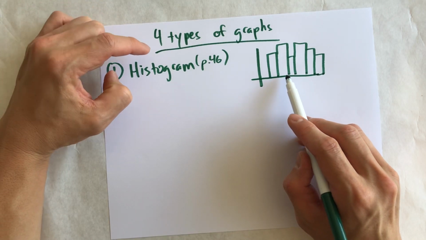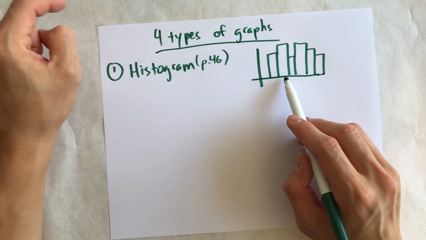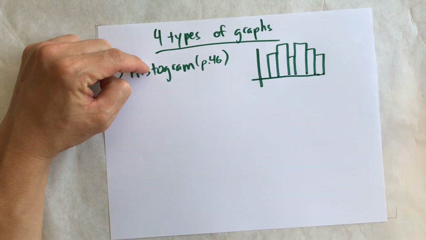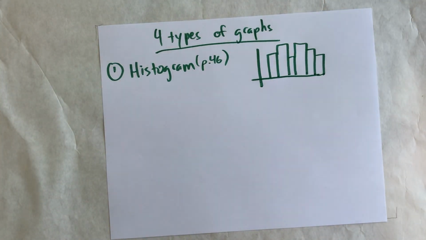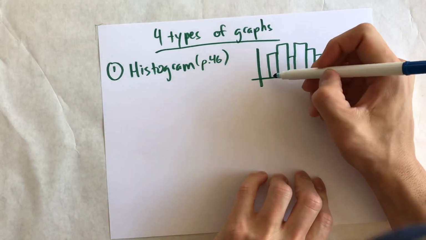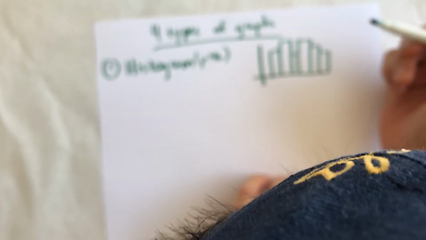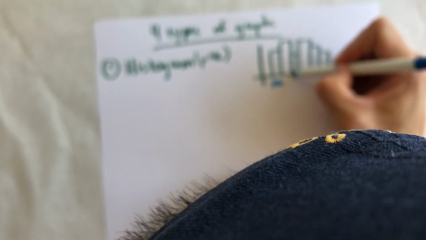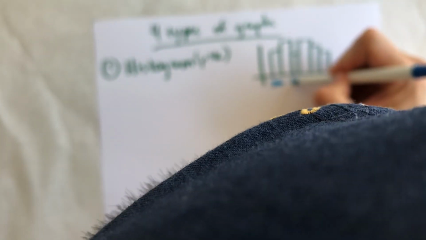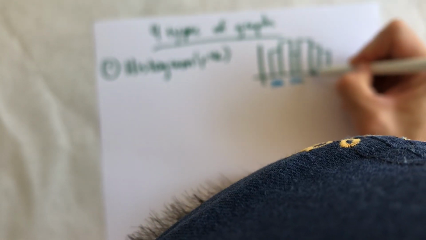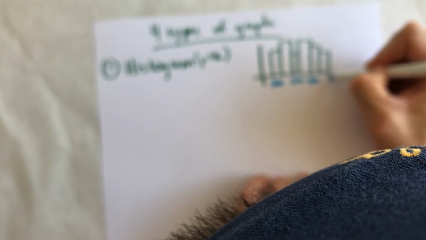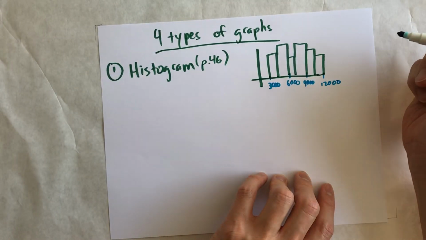Bar graphs are for categorical variables. Histograms are for quantitative. So let's say, for example, this first bar right here, we'll say is 3,000. And then this one right here is 6,000. And then this one here is 9,000. And then 12,000. Okay?